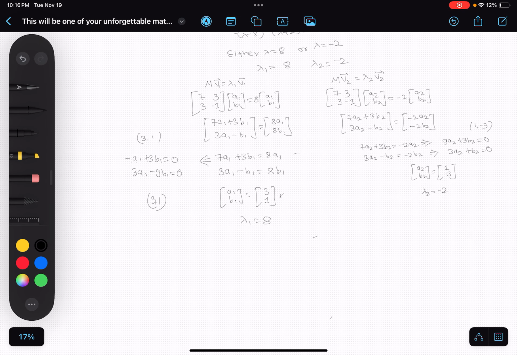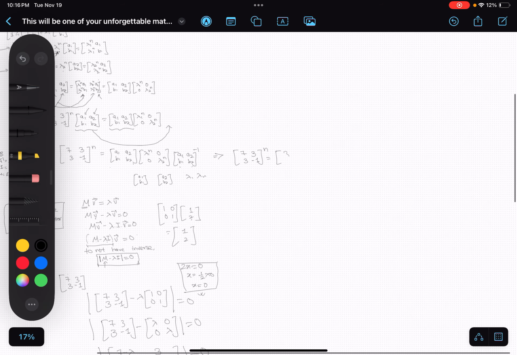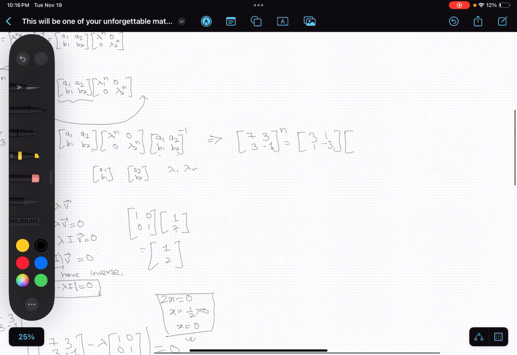And guys, you can also take them in the other order, it doesn't matter. So this is just [3 1; 1 -3]. And now lambda 1: corresponding to this a1 b1 we have lambda 1 as 8, and corresponding to this a2 b2 we have lambda 2 as negative 2, right? And both are raised to power of n.